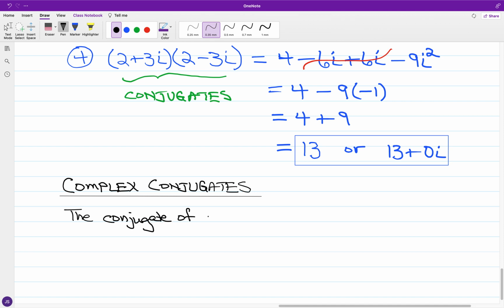For a number in standard form, the conjugate of a plus bi is going to be a minus bi, and it works both ways. Namely, the conjugate of a minus bi is going to be a plus bi.